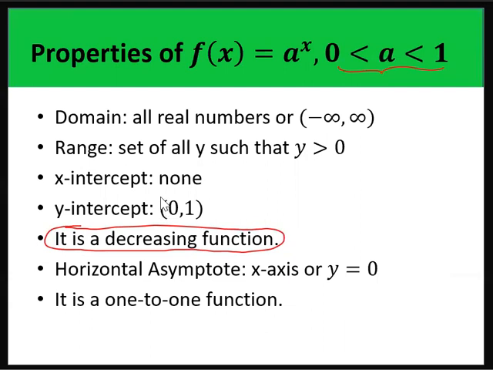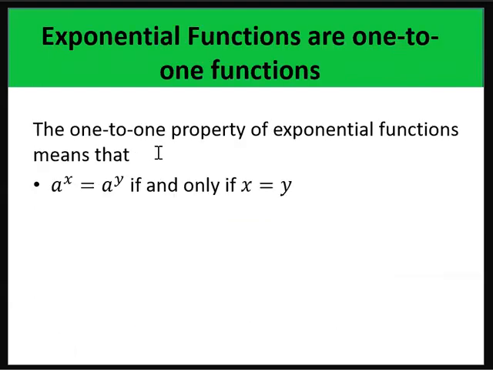Now, if you notice, in both intervals of a, the exponential function is a one-to-one function. So this means that whenever we have the equation a raised to x is equal to a raised to y, this equality will hold whenever both of their exponents are equal.